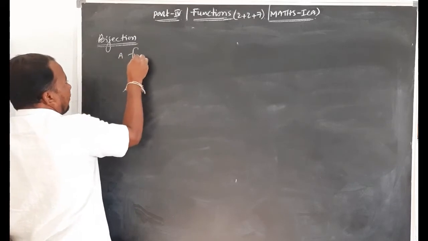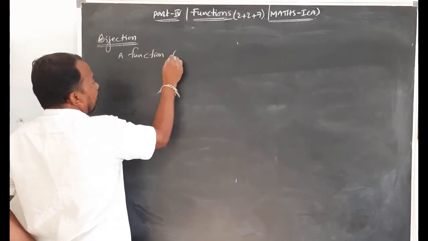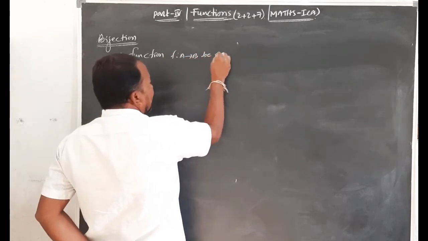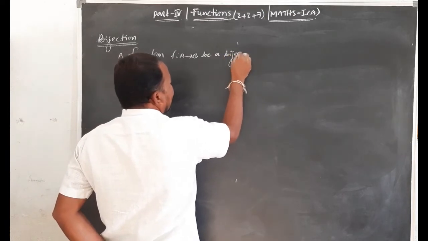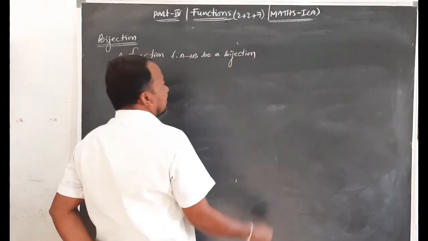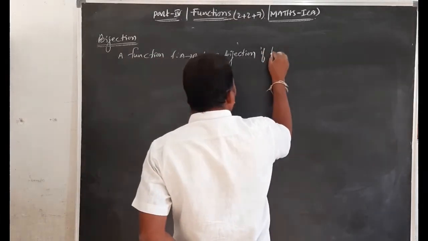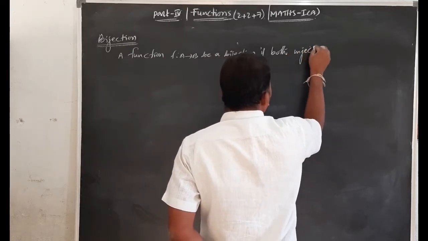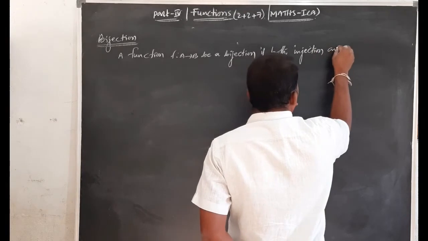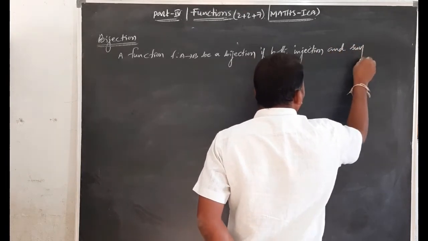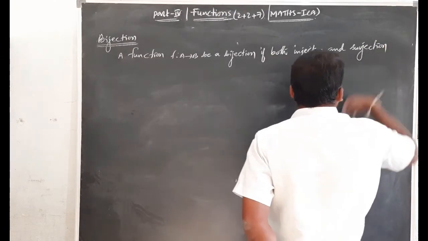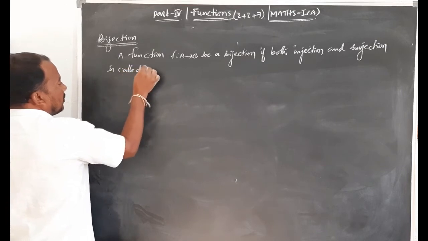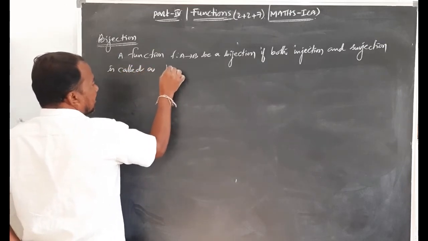A function f from A to B is called a bijection if it is both an injection and a surjection.